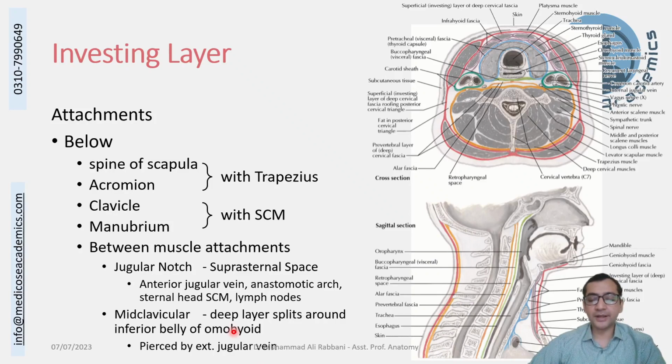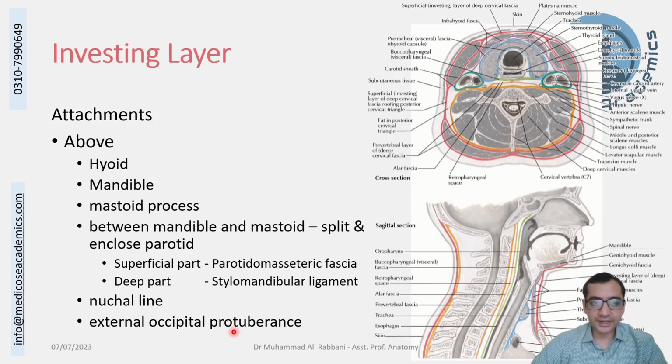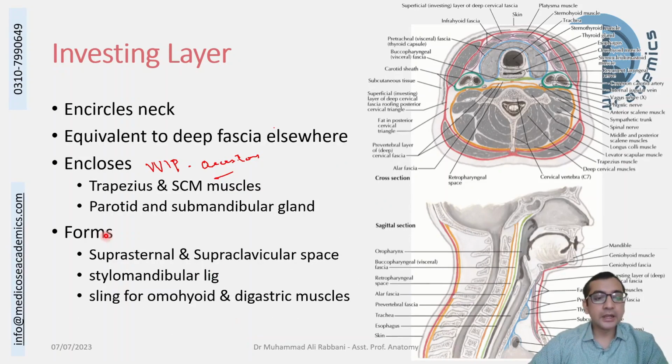The posterior one forms the sling for the two bellies of omohyoid. So this is about the fascial attachments and fascial layers. In addition to enclosing the two muscles and the two glands, it forms two spaces, the suprasternal space and the supraclavicular space between its two layers.